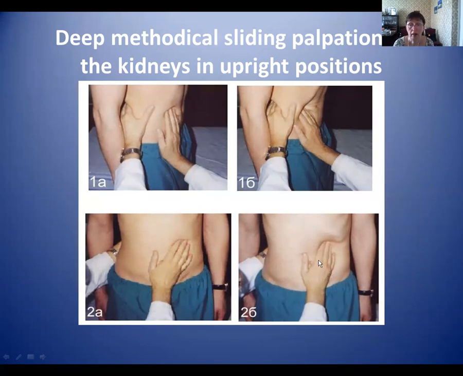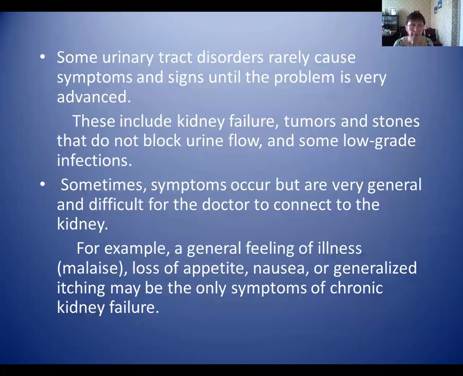And in normal, the kidneys are not palpable, of course, but you may palpate them if they are located lower than usual, or if they are enlarged, for example, in hydronephrosis or in case of polycystic disease of the kidneys.